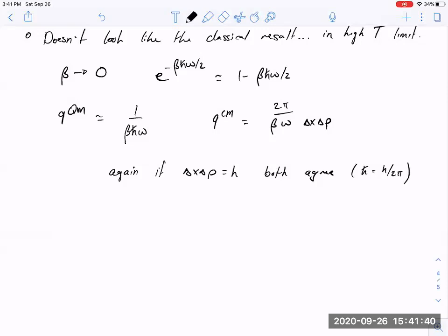So that's nice. We have consistency again and again only when we expect to, only when the discreteness of the energy levels are not important, when we're working at a temperature high enough that those energy levels blur together.